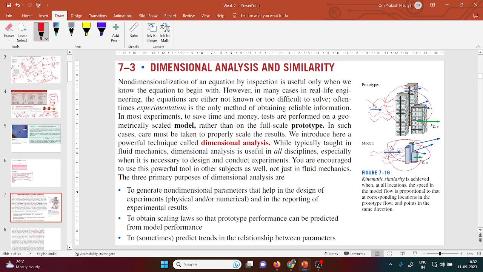So this is the basic idea of model and prototype, and the analysis behind it is how to convert the prototype parameters into the model parameters. This is what we know as dimensional analysis. You can take a screenshot of these slides also, no problem.